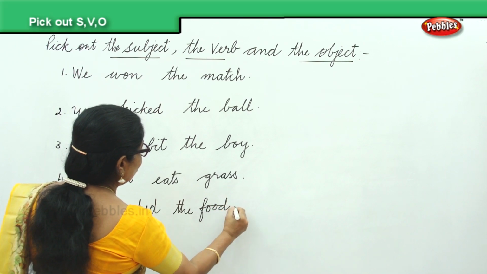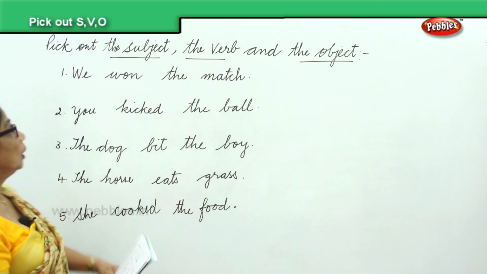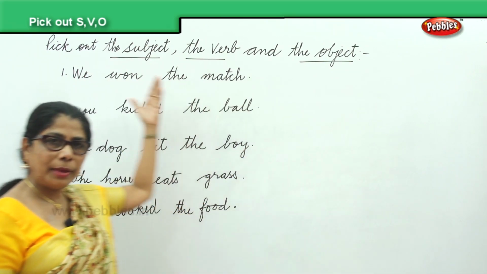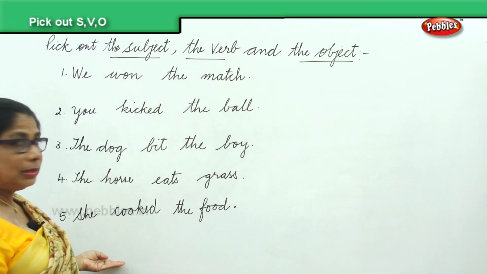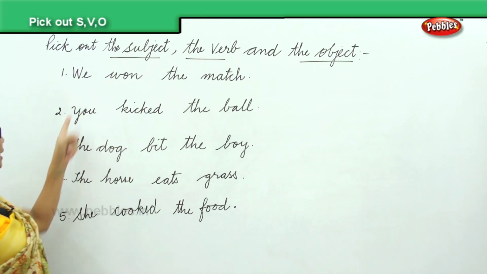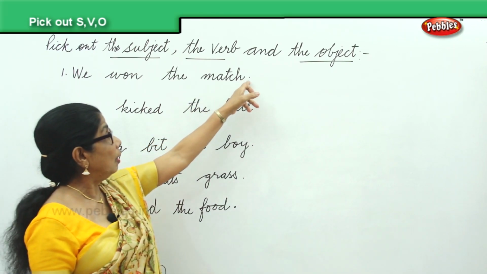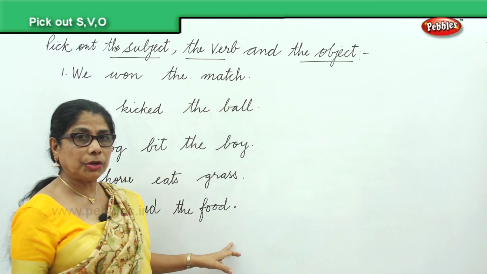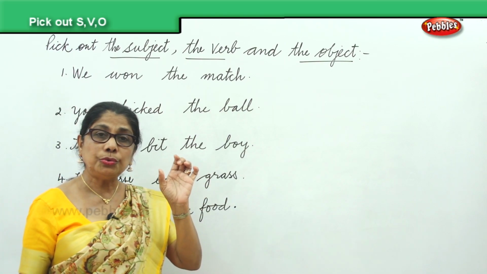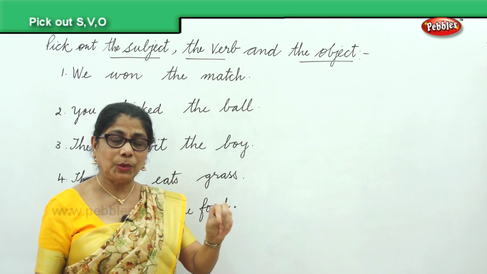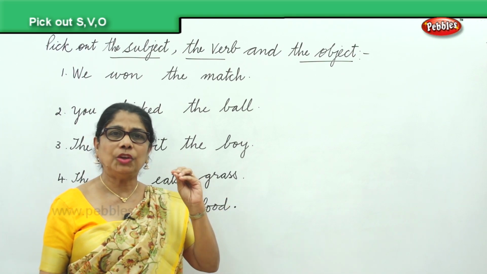Now, these are all sentences beginning with the capital letter, ending with the full stop. All the sentences begin with the capital letter. All these sentences end with the full stop. We are going to pick out which is the subject, which is the verb and the object.